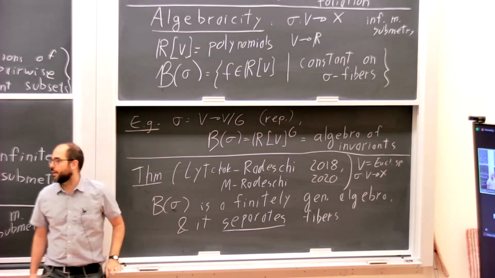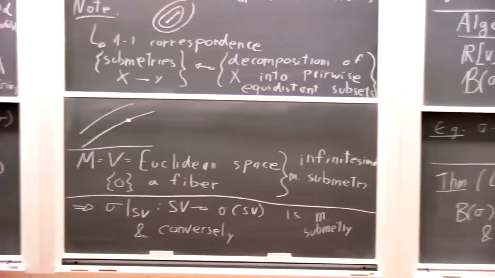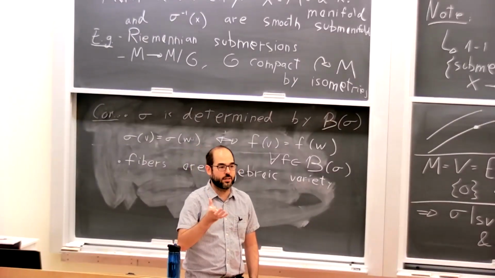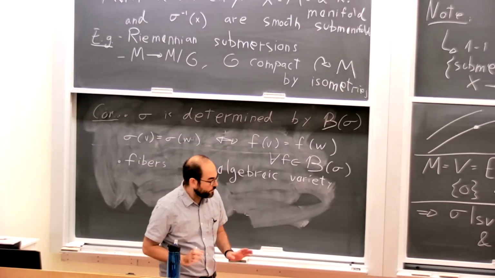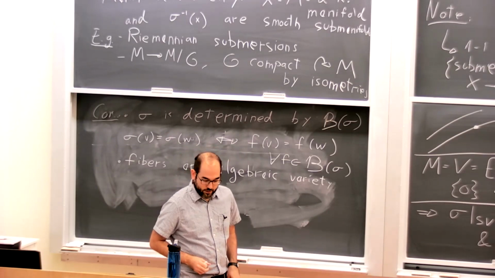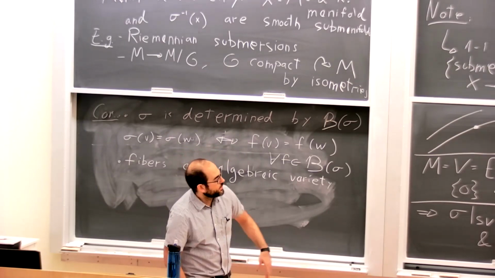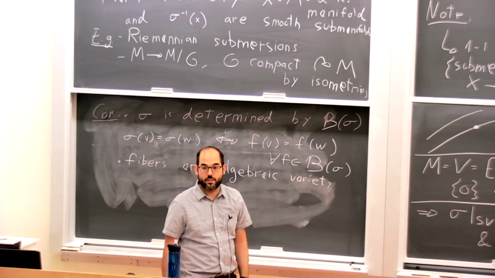This is known in the group action case as the inverse invariant theory problem. For group actions, as far as I know, this is solved over finite fields, but not in other cases. We don't have a good solution in the group action case, but if you generalize to infinitesimal manifold submetries, then there is a nice solution.